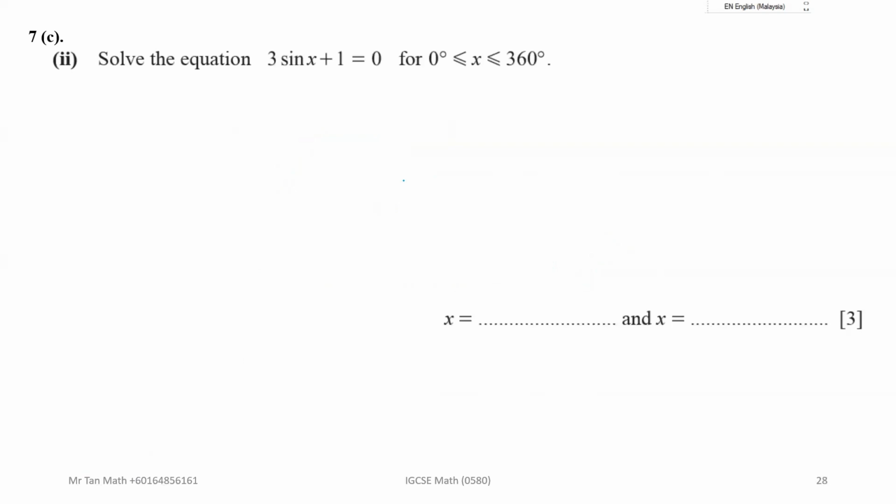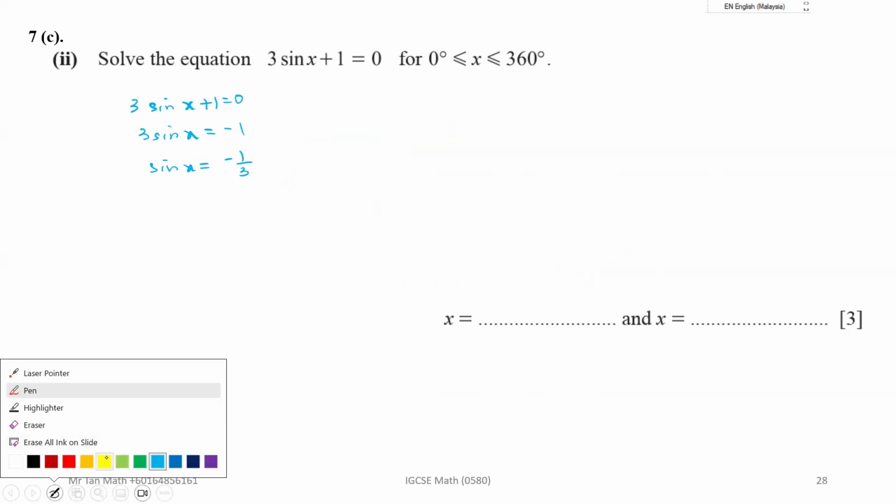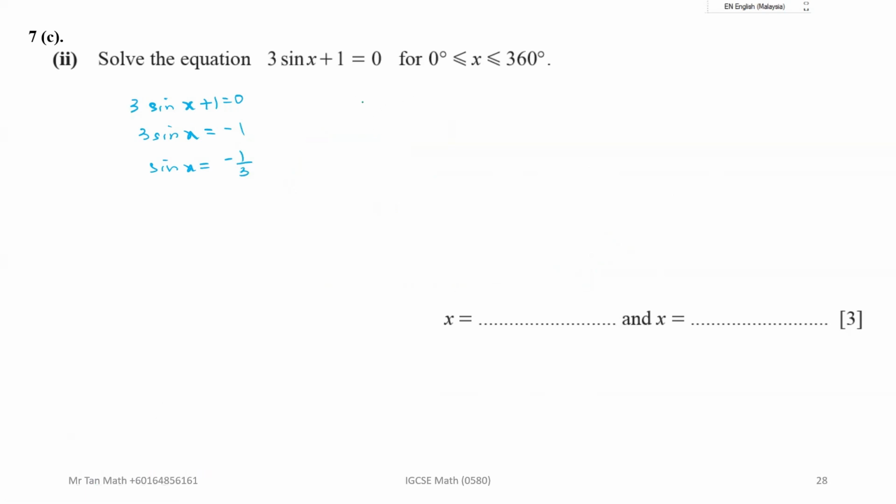Okay, next. Solve the equation 3 sine x plus 1 equal to 0. So 3 sine x plus 1 equal to 0. So 3 sine x equal to negative 1. Sine x equal to negative 1 over 3. So first, you need to find the reference angle.